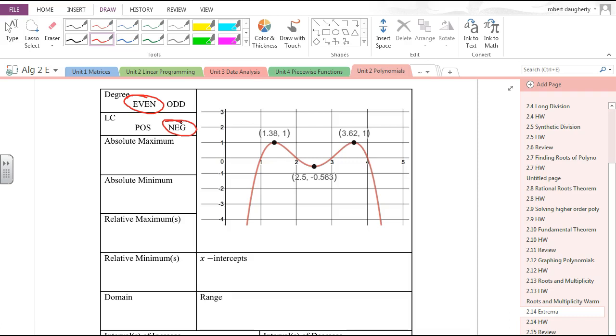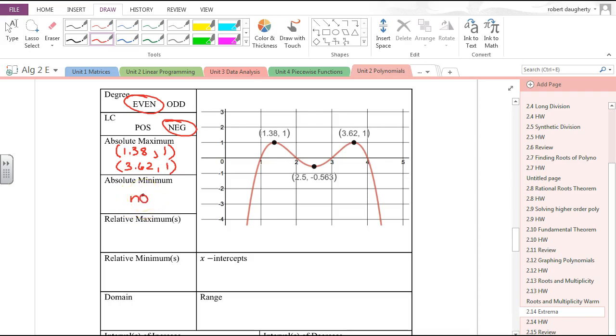Is there a point that is the highest point of that graph? Yeah, I've got 2 points that are absolute maximum. They're both the same height, right? Okay. So this is what, 1.381 and 3.621. So I've got 2 absolute maximums. Okay. Is there an absolute minimum? No. Okay.